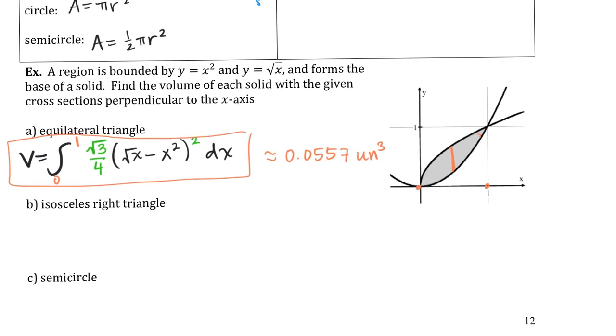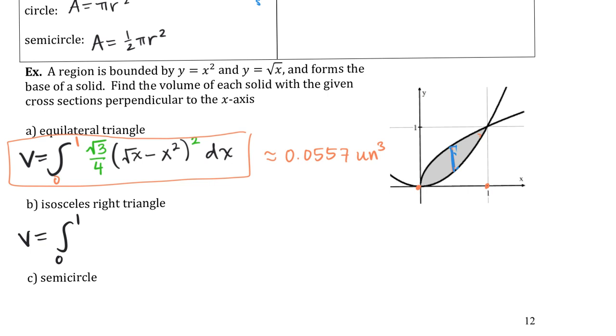Okay, the next one, same cross section, but we're going to say it's an isosceles right triangle. I'm still going from 0 to 1 because it's with respect to x. Now it doesn't tell me which side is the base of the right triangle. So to make it easier, let's just assume this is one of the sides. I can't draw this in 3D, but this little thing is sticking up in three dimensions. So that's going to be the side.